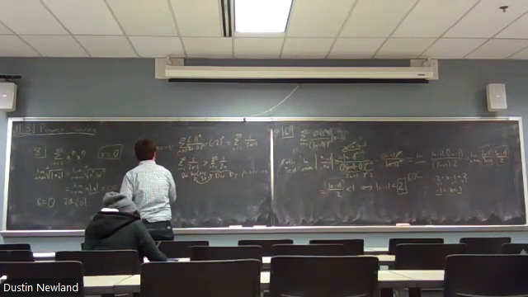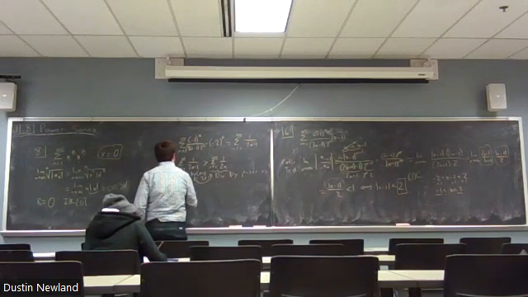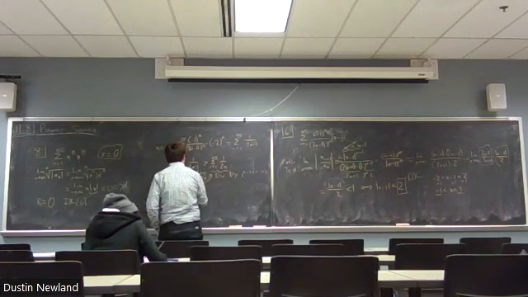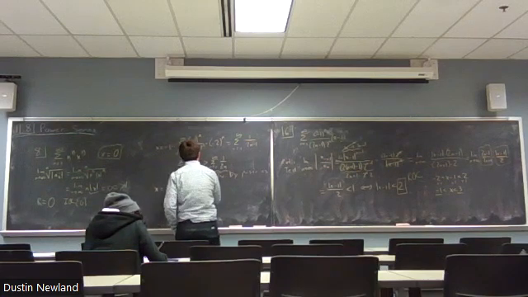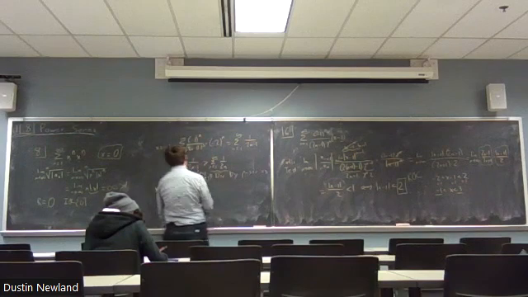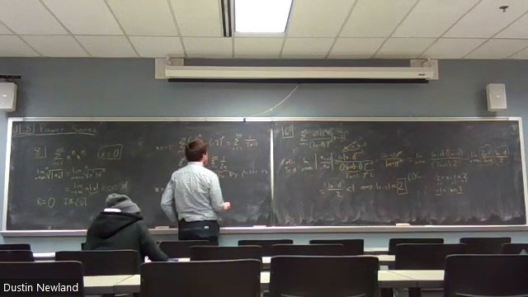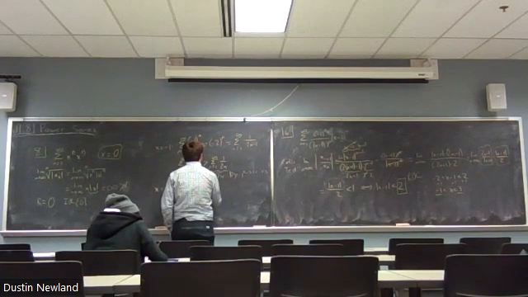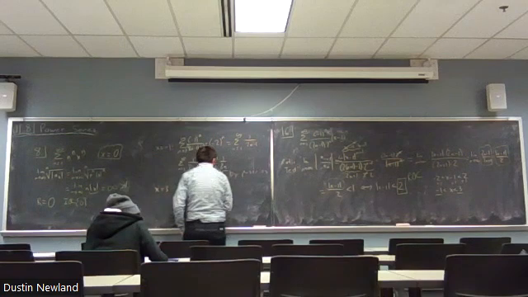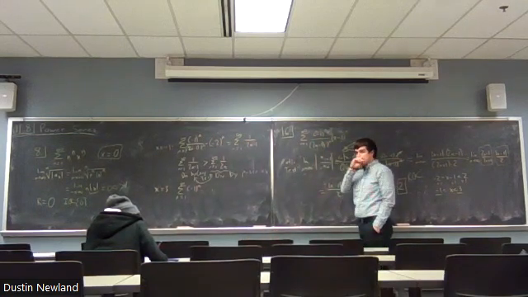Now, let's see if we can include 3. When I plug in 3, I'm going to get the sum from n equals 1 to infinity of -1 to the n times, or sorry, not 1, we're plugging in 3, times 2 to the n. What am I going to get when I plug 3 into my series?